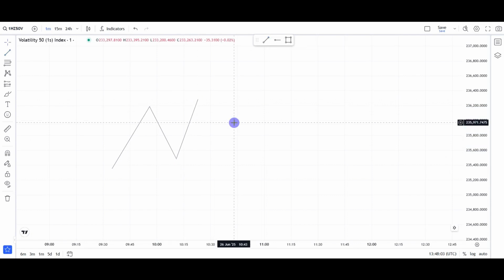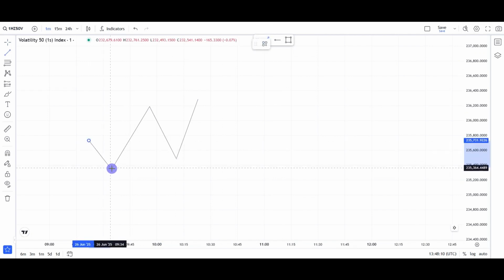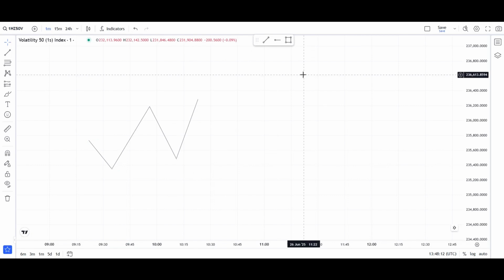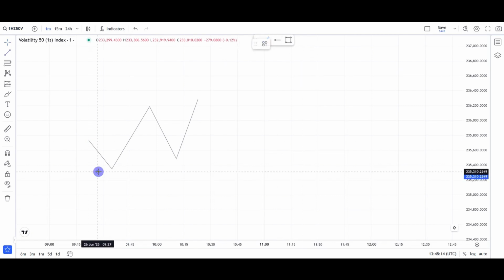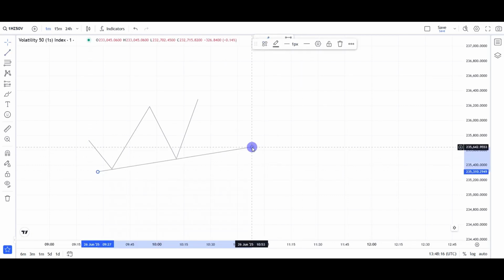So you want to find an area where you can draw a trend line like this.